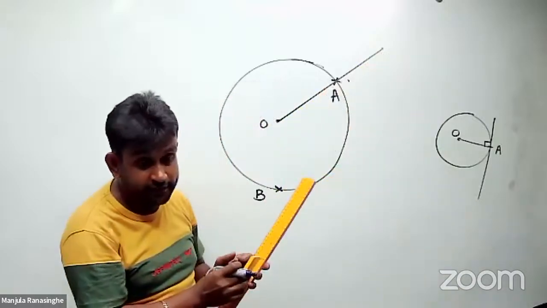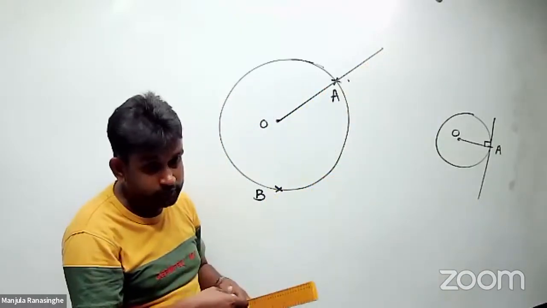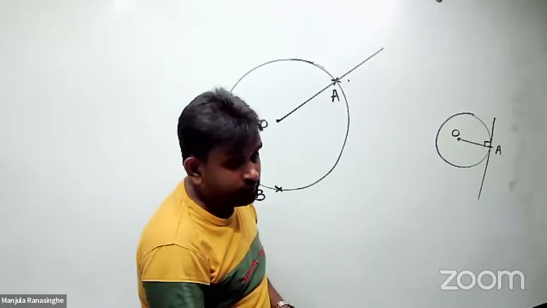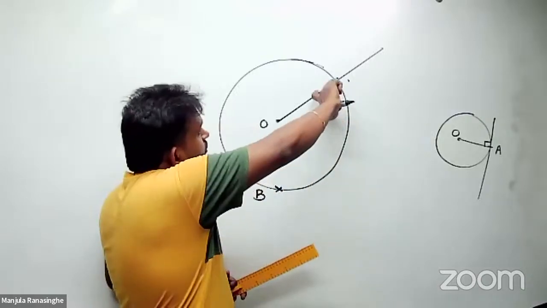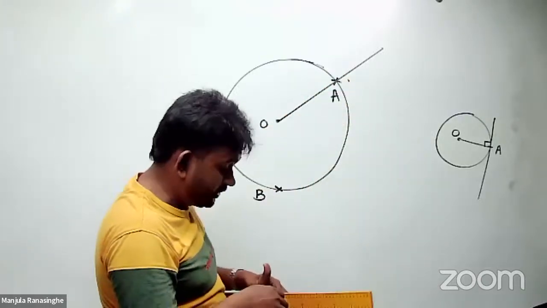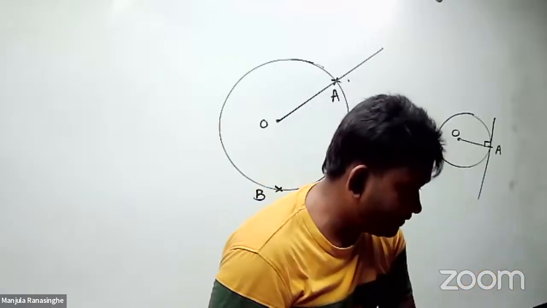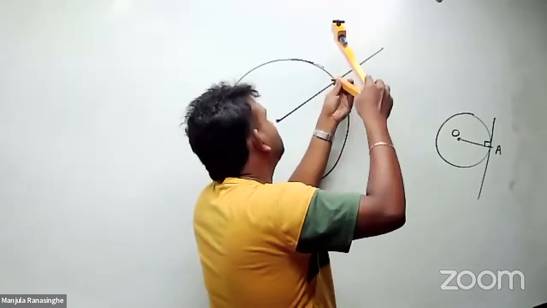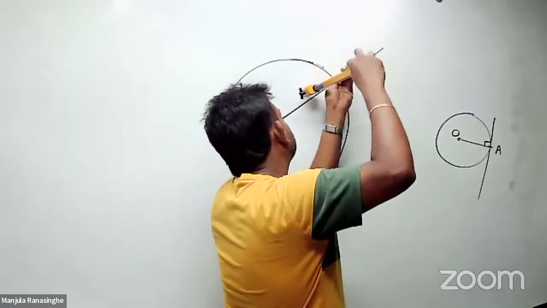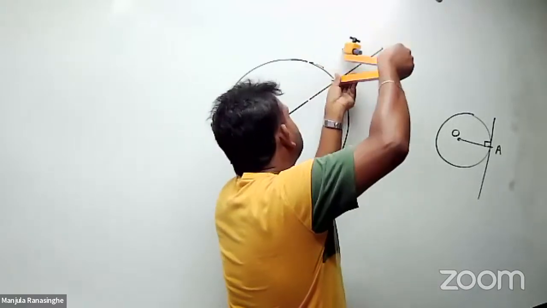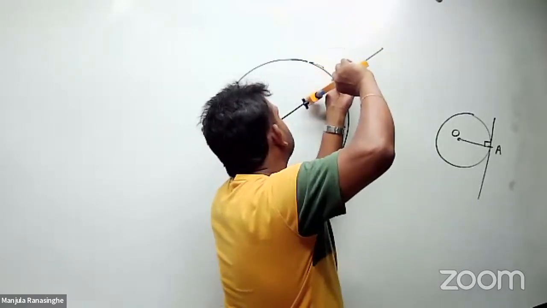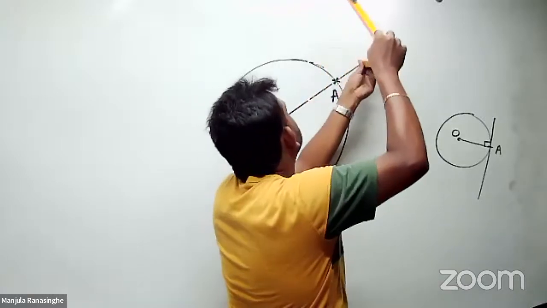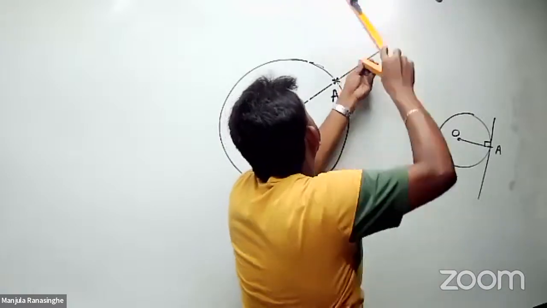Extend OA, okay. Then at A, you have to create 90 degrees. So here make 90 degrees at A. You know how to create 90 degrees: make an arc, and there, this is the arc.